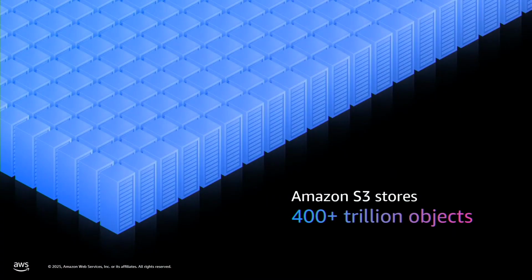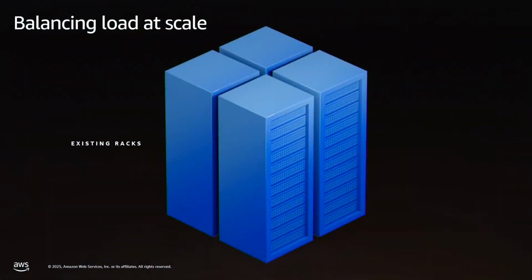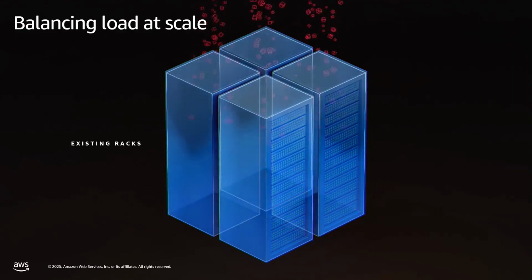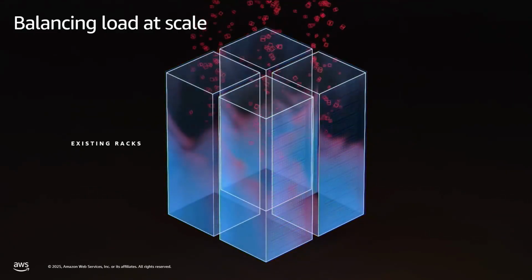As I said, this scale really is quite mind-boggling. The latest number, we've now got over 400 trillion objects in Amazon S3. And another fun statistic is there's more than 15 million requests a second just to objects with the Parquet suffix. It's quite insane. And at this scale, we're not adding disks, we're adding racks. And we have to be clever about how we do that so that we don't get hotspots.